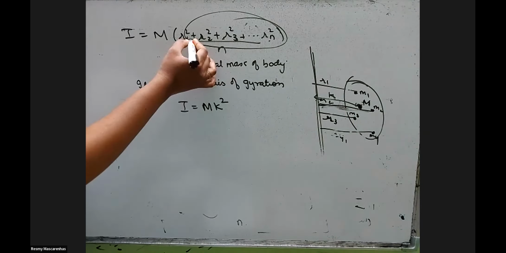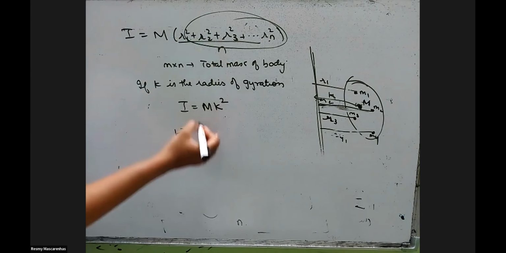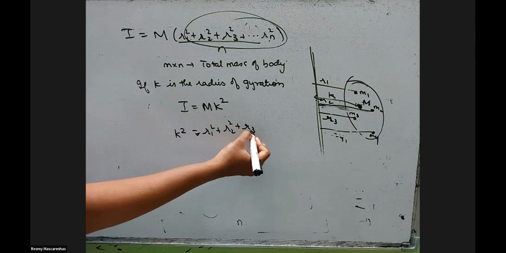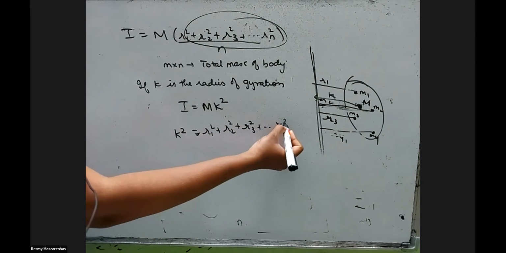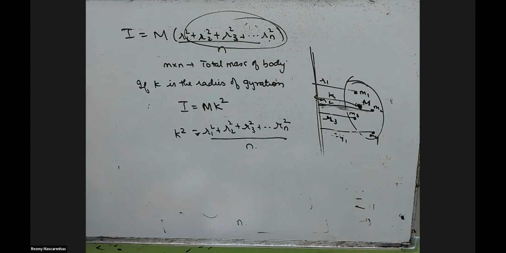Just compare it with this equation. K square is nothing but R1 square plus R2 square plus R3 square till Rn square, upon N. This is equal to this.